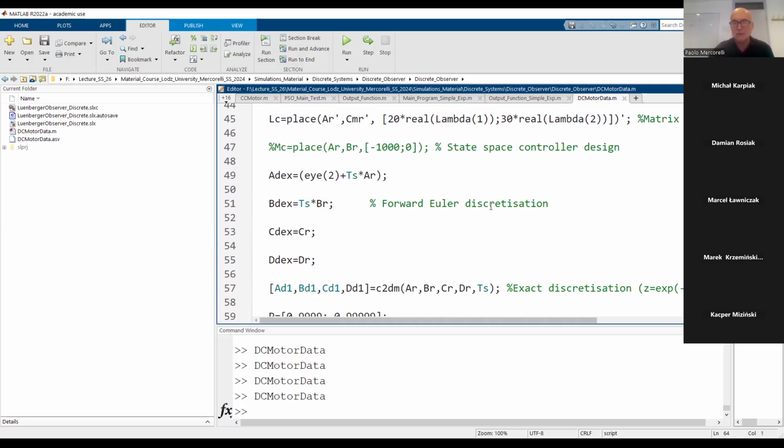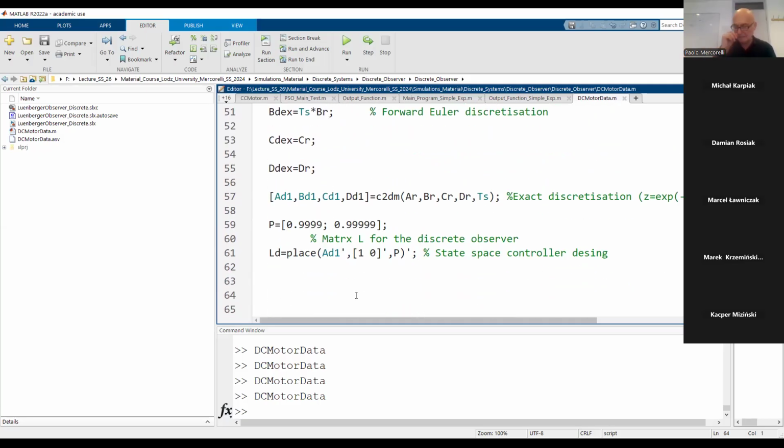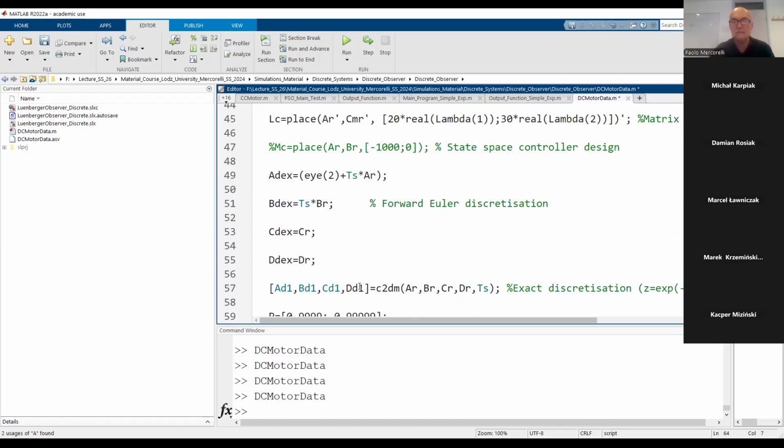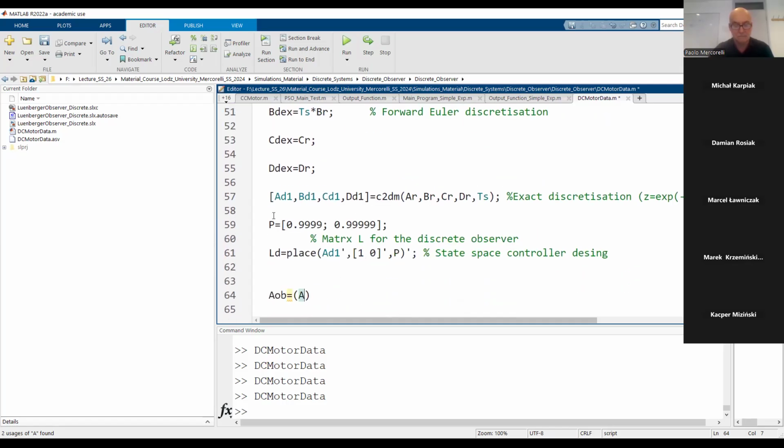In continuous, we have the matrix A observer, which is equal to, do you remember, AR.